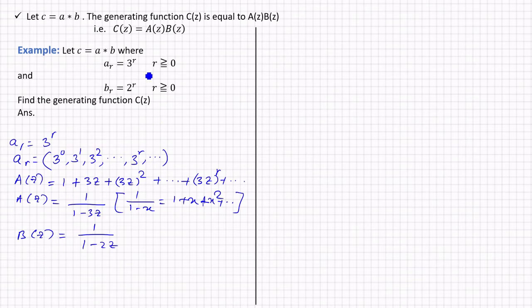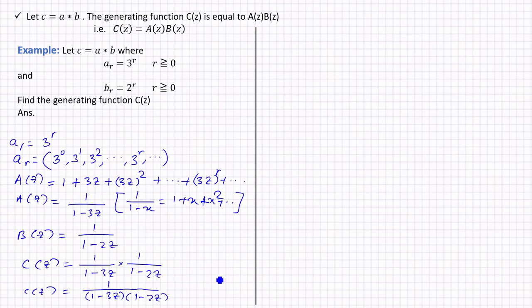Now according to this property, we can write C(z) equal to A(z) into B(z), that is, 1 divided by 1 minus 3z, into 1 divided by 1 minus 2z. Now let us solve this by partial fractions. So C(z) is equal to 1 divided by (1 minus 3z)(1 minus 2z).